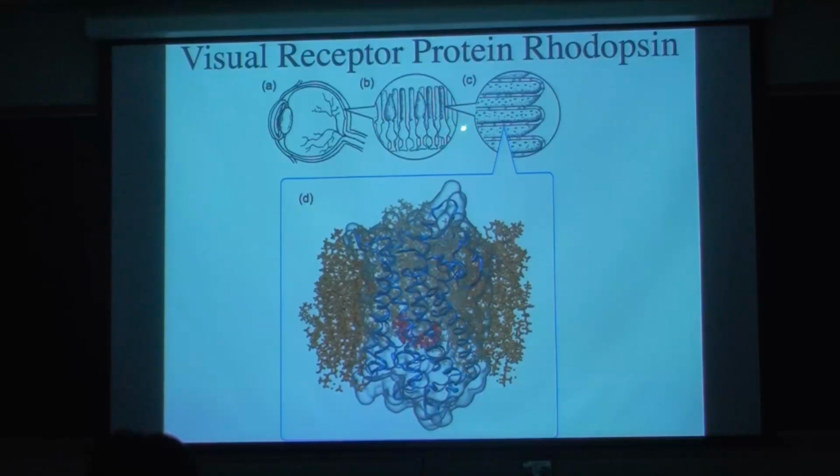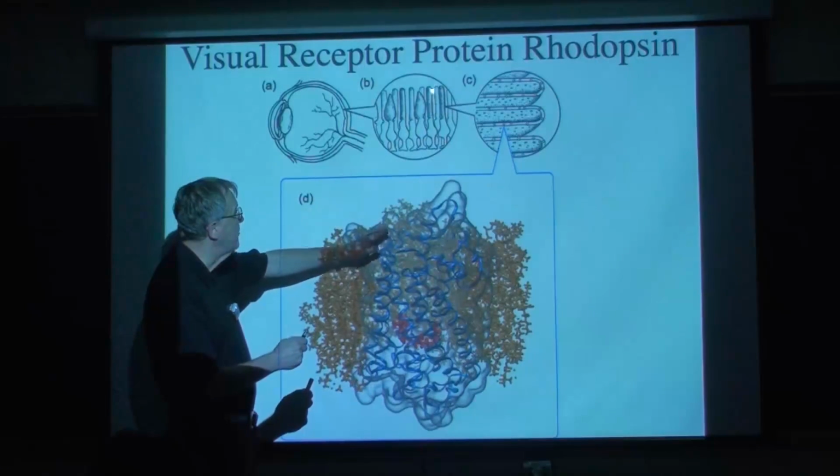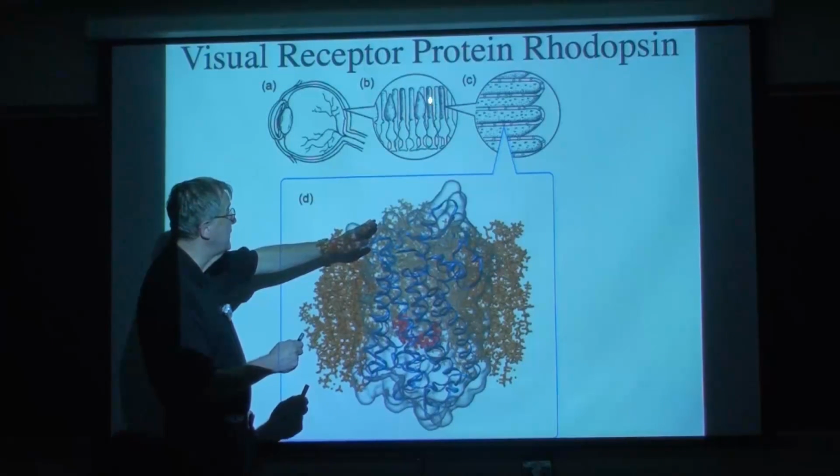The rods and the cones contain inside these discs. The discs are made of membranes, and in this membrane you have this rhodopsin. So it makes a lot of sense: you want to fill this with as much rhodopsin as possible to really absorb every photon that comes by.